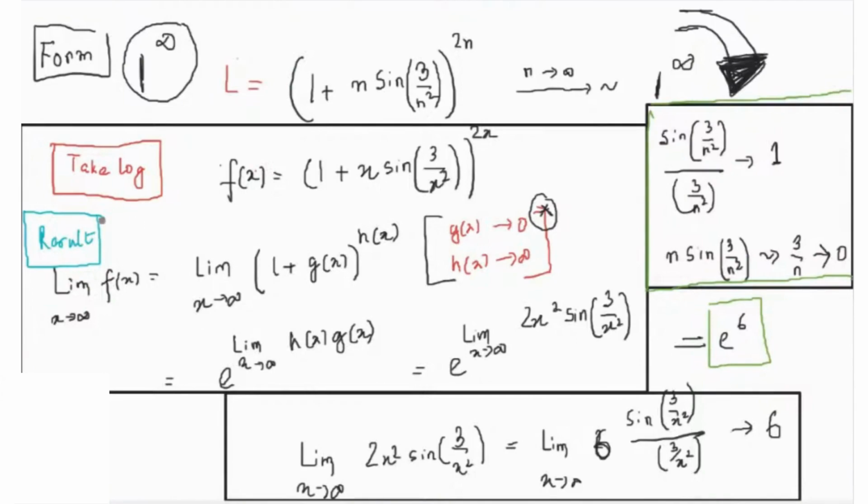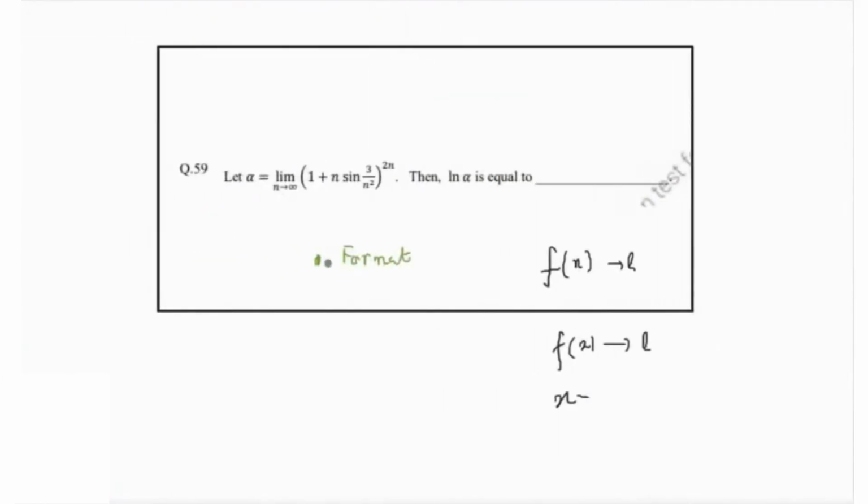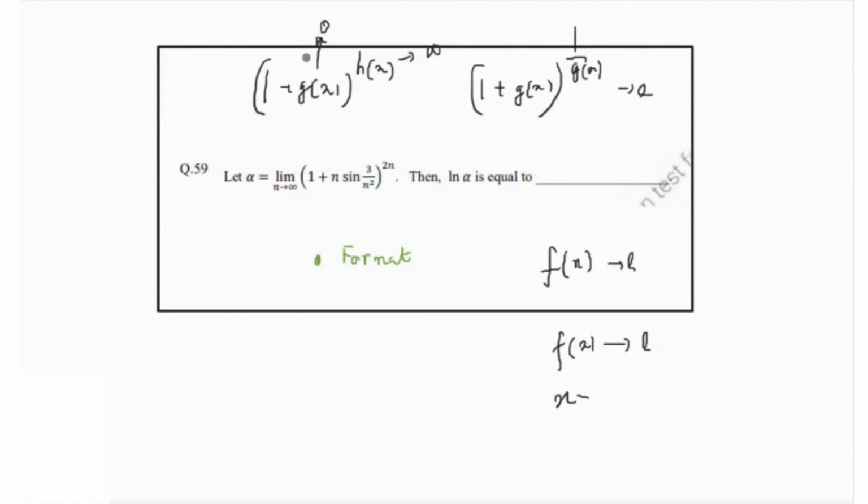This is a very important result that can really help you out: the limit as x tends to infinity of 1 plus g of x, whole to the power h of x, where g of x is going towards 0 and h of x is going towards infinity. Understand this very carefully. I'm giving you the proof idea. By the exponential property, the limit of 1 plus g of x, whole to the power 1 by g of x, will go to e, since g of x is going towards 0.